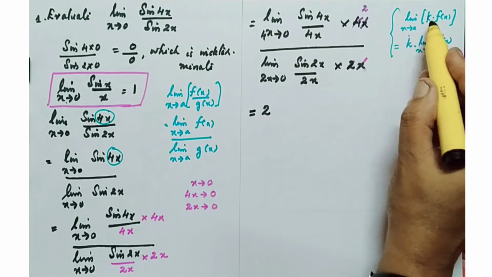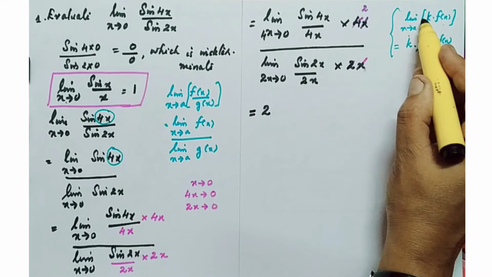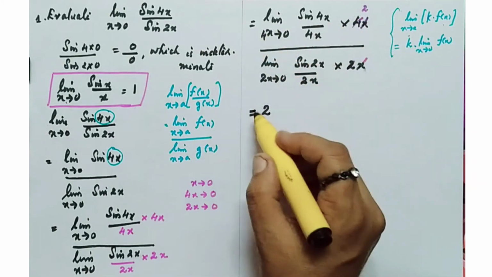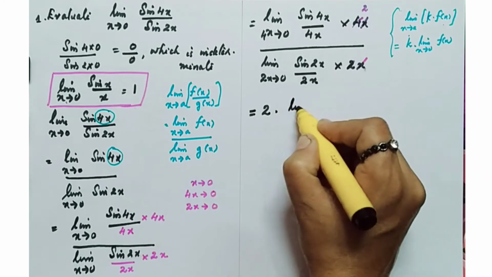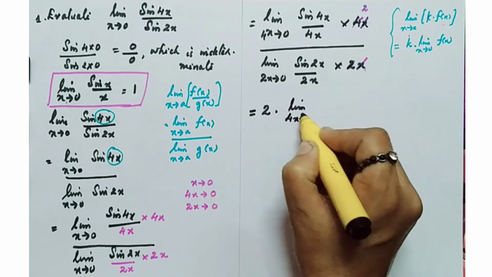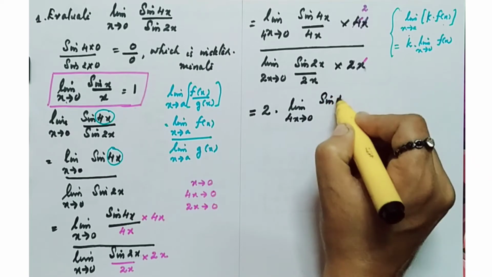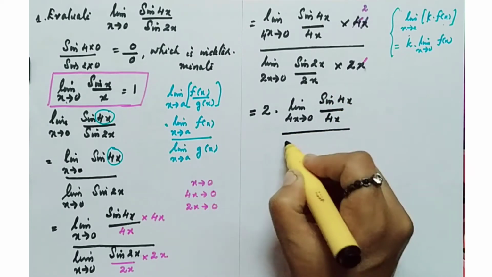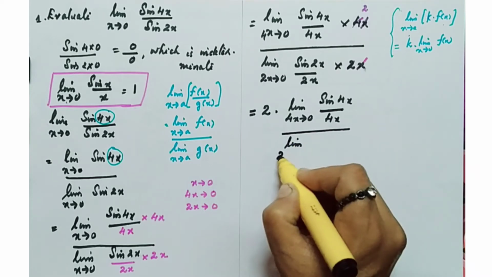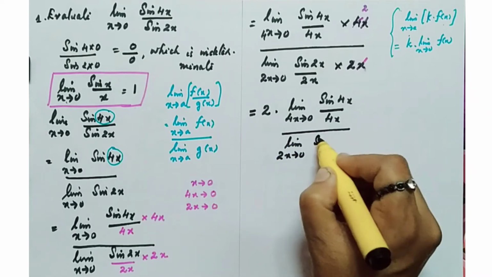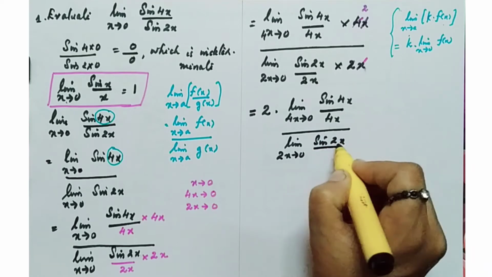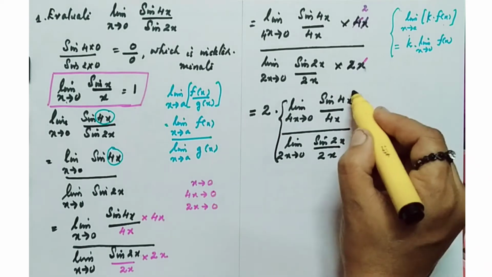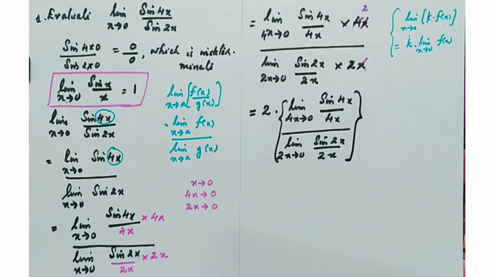The remaining is limit 4x tends to 0, sin 4x by 4x, the whole divided by limit 2x tends to 0, sin 2x divided by 2x, as the constant comes outside of the limit.